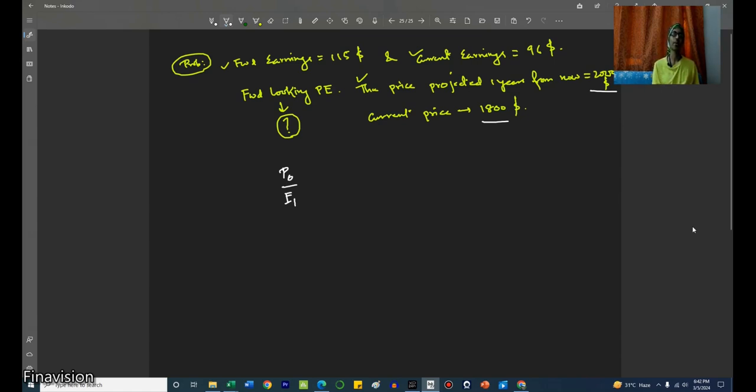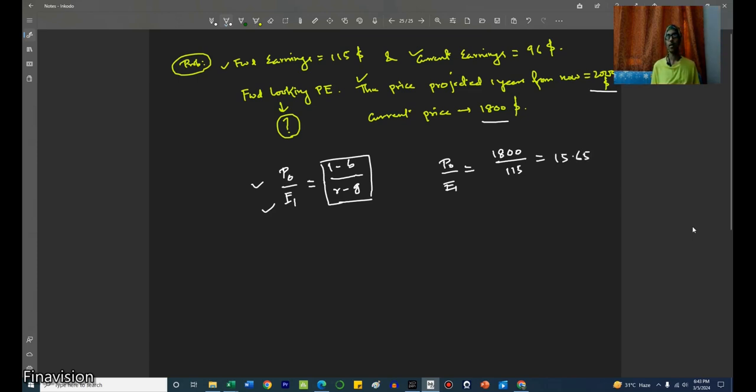This is equal to 1 minus B by R minus G. Do you need this information to find it out? No, right? Because you already have E1, you already have P0. So P0 by E1 is equal to 1800 by 115, which is equal to 15.65.